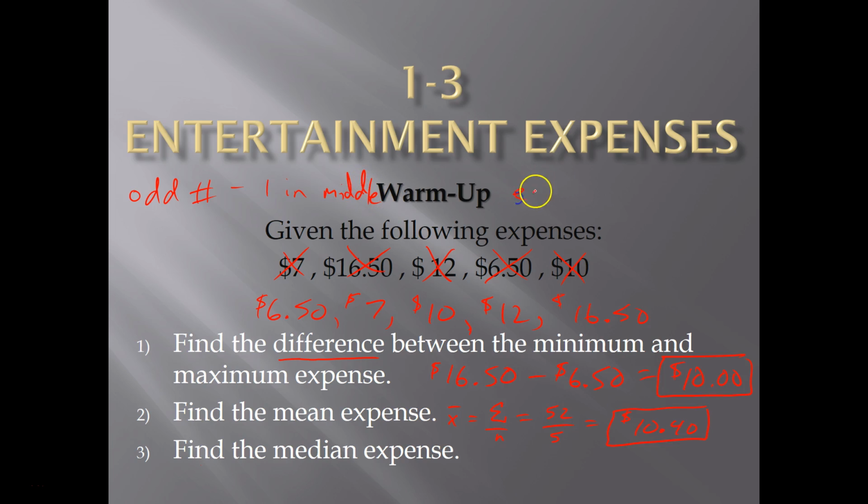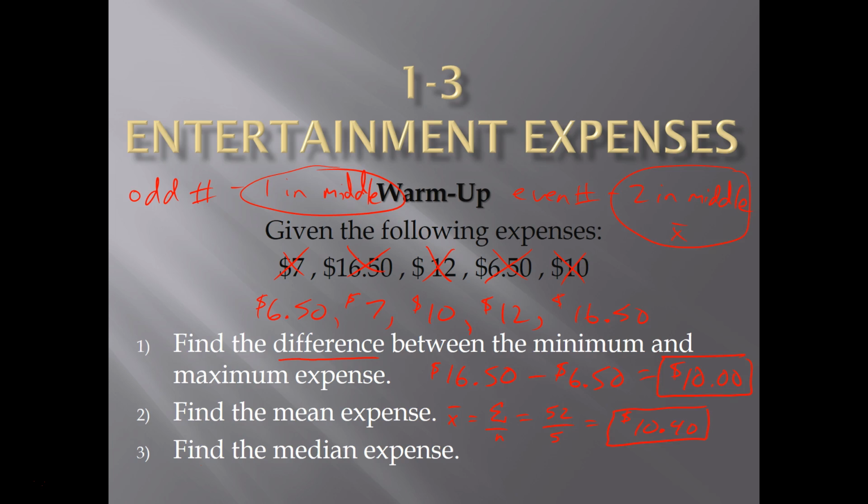If you have an even number of data values, you have 2 in the middle, so you have to get the average of those. You have to find the mean of the 2 in the middle.